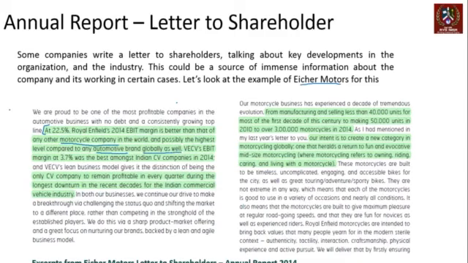Usually, two-wheeler companies have about 10 to 12%, or 10 to 15% in the best case, of EBIT margins, right? The green highlighting has been done by us to show some of the more important parts.